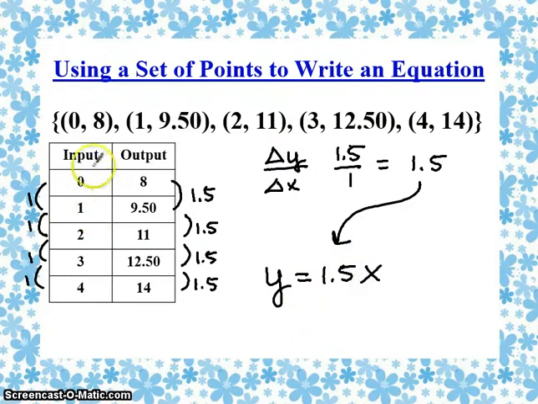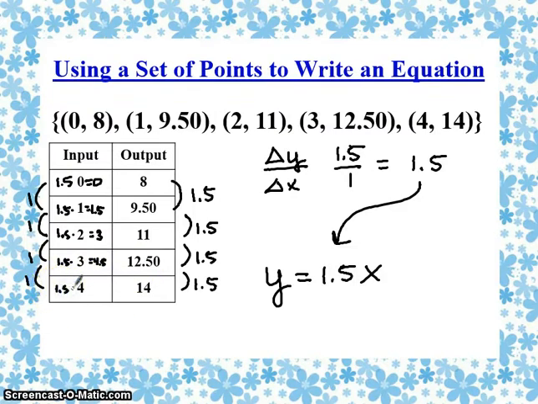Now, if you take x and multiply it by 1.5, 1.5 times 0 is 0, not 8. 1.5 times 1 is 1.5, not 9.5. 1.5 times 2 is 3, not 11. 1.5 times 3 is 4.5, not 12.5.